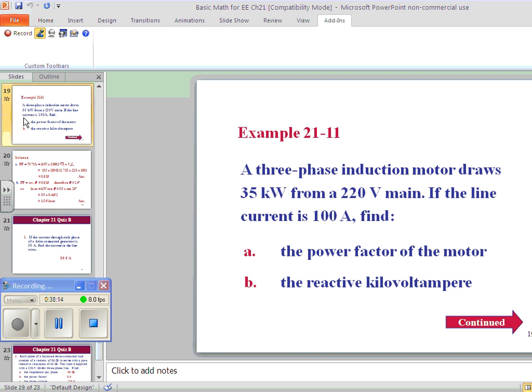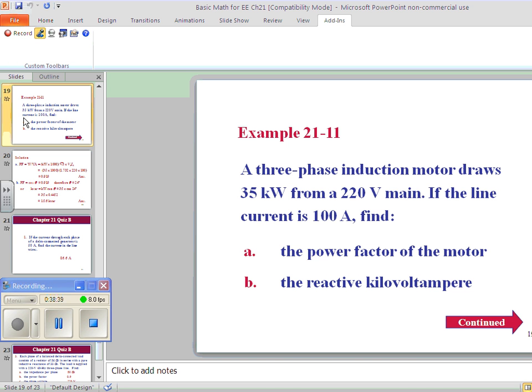Sometimes these things are a little ambiguous, and that's my only minor issue with them, if they're not clear on what this is sometimes. So this is a line voltage, right? And a line current. So line voltage times line current times the square root of 3 will give us our total three-phase power, right?